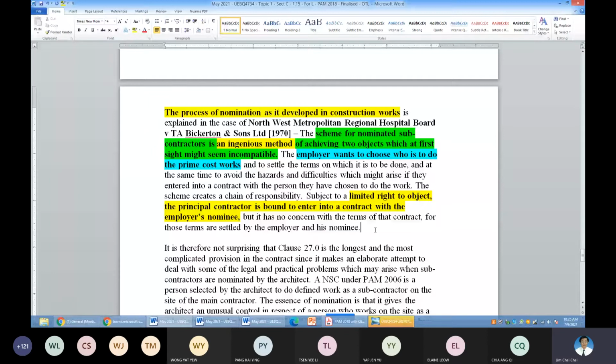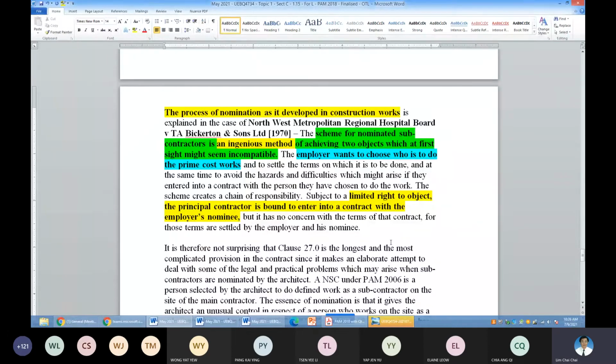No more ground already. Please remember that. Once the NSC is signed, it is between the main contractor and the NSC. The employer, the consultant have already washed their hands clean. Please remember that. It's a very unfair concept or unfair principle forced upon the main contractor. We so-called the NSC system.